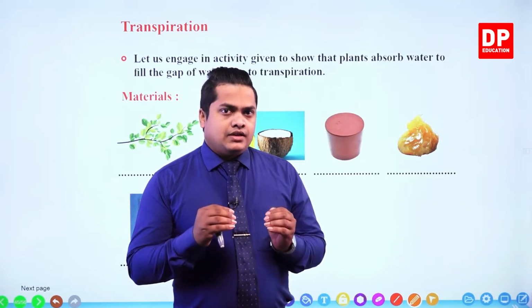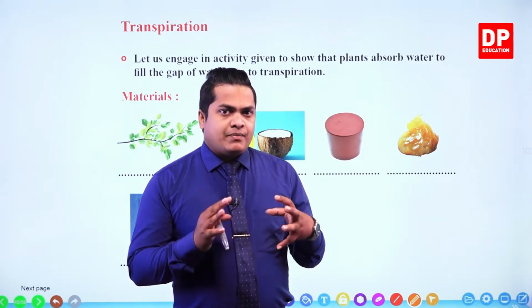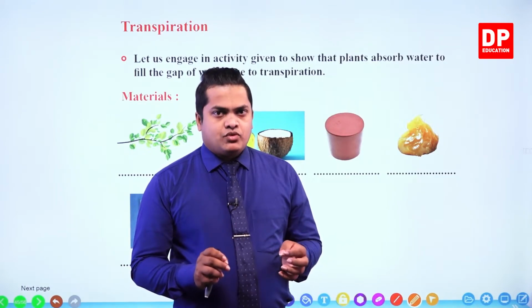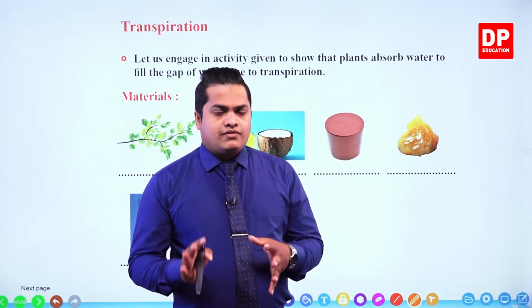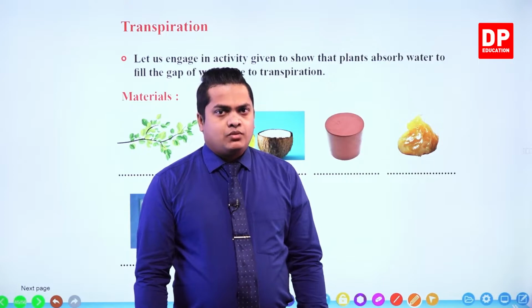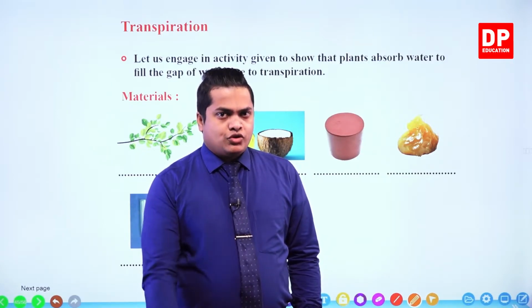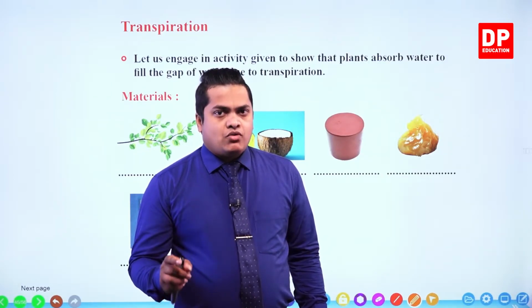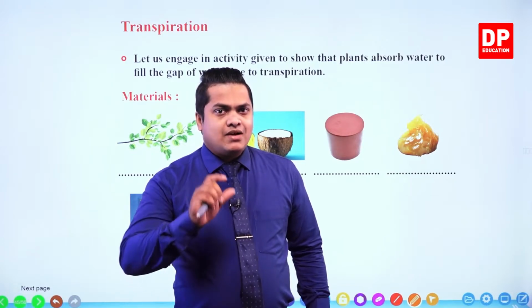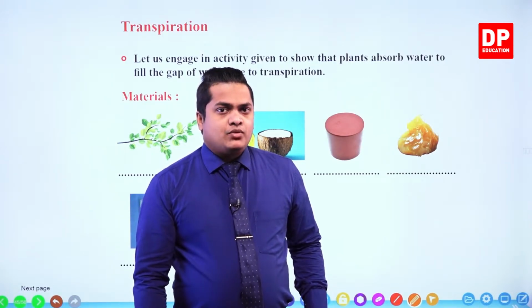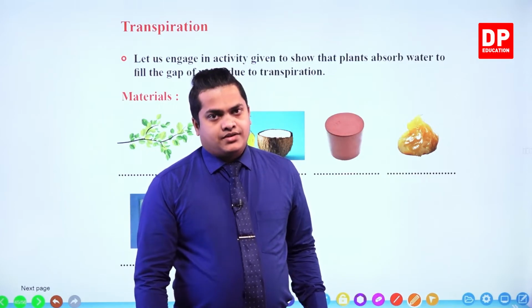But in order to fill that gap, the plant should again reabsorb water from the environment. So by this activity, we are going to show that the expelled amount of water vapor is getting reabsorbed to fill the gap created by transpiration within a plant.